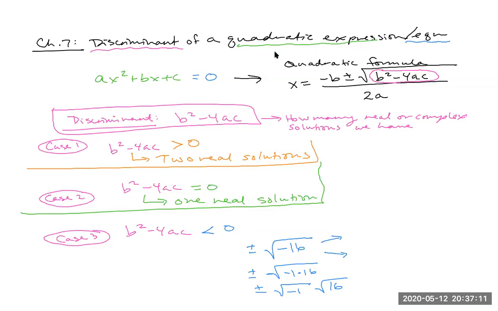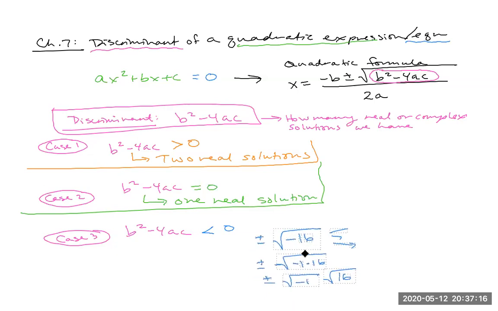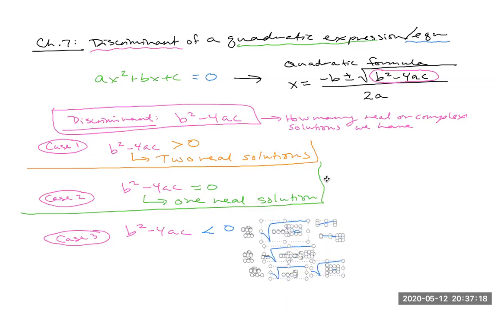Let me move this up a little bit. Okay, so then we have plus minus still. The definition of the square root of negative 1 is i, and the square root of 16 is 4. Okay, so essentially what we're getting here, we have two solutions that come out.